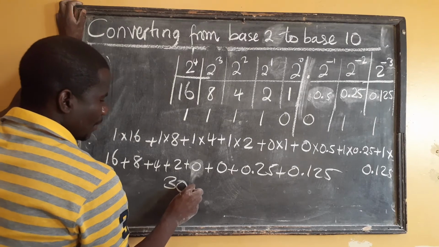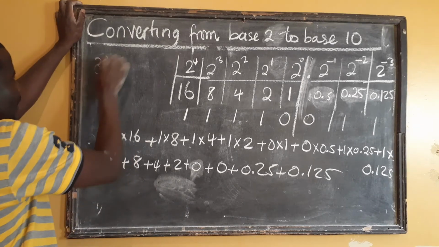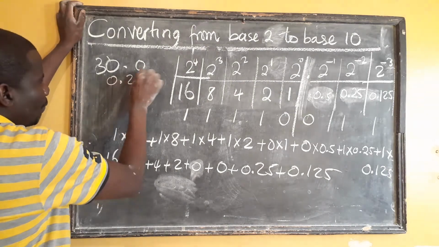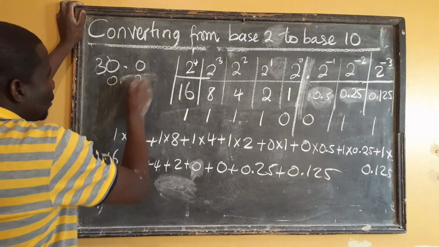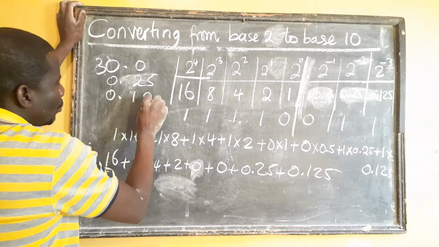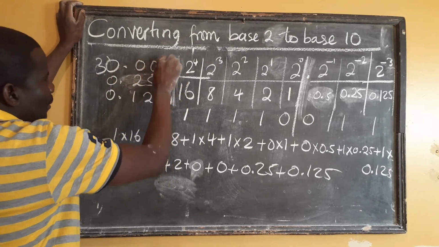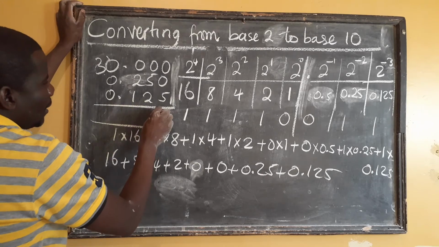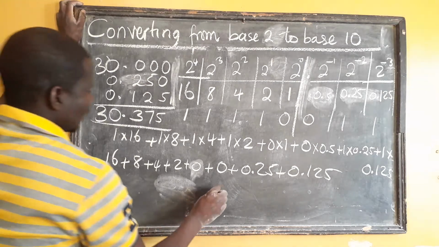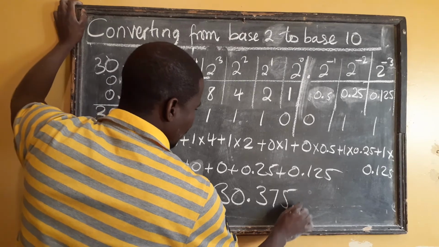This 30 is a whole number. So now we can say we have 30.0, then we bring this one 0.25, then the other one is 0.125. Like this, you can put zeros here if you just want to. So our answer is going to be 30.375 in base what? 10.